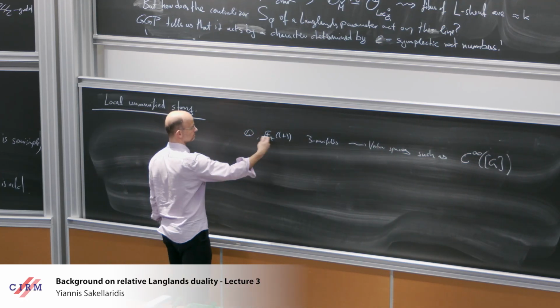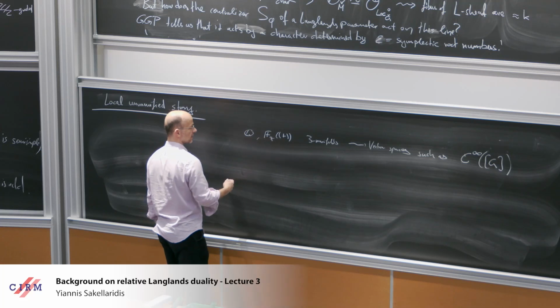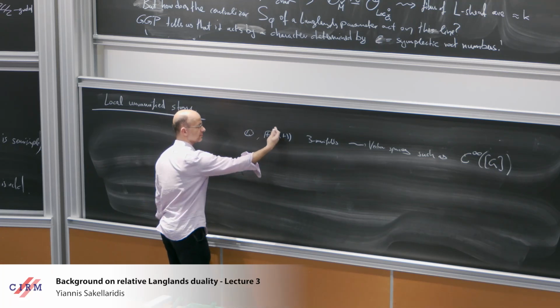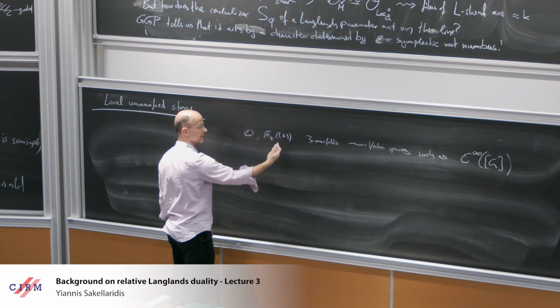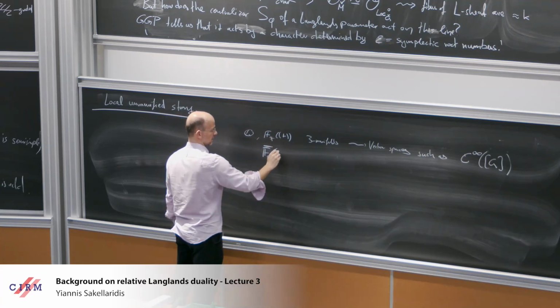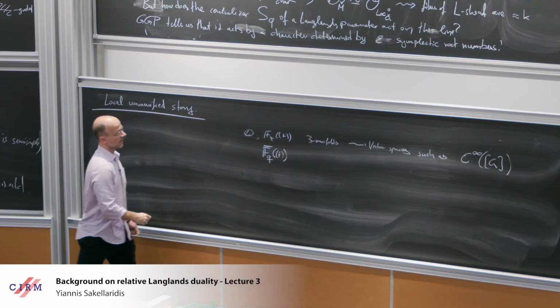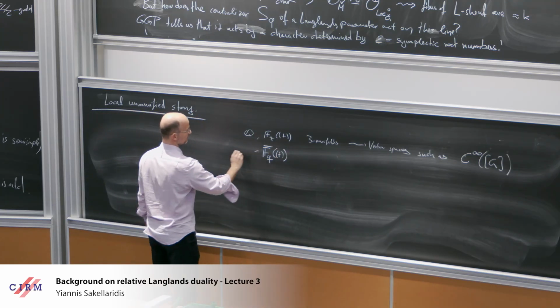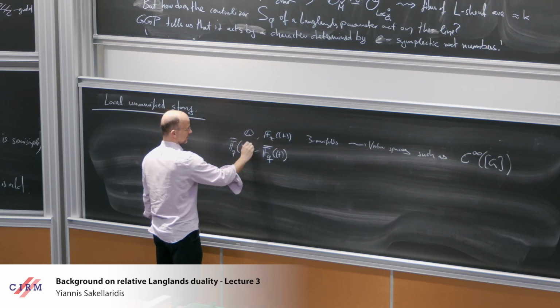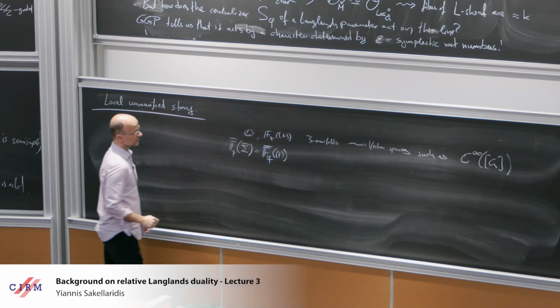Then, at least over function fields, we have the geometric part of that story. So we have something like that, which is the function field of a Riemann surface or of a curve over an algebraically closed field.